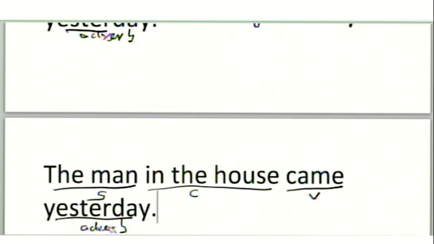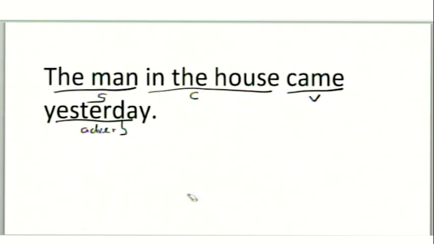And the adverb can also be an adverb or an adverbial phrase. Good. Now we know the elements that make up the clause. Let us look at the two major types of clauses. So we look at the types of clauses.